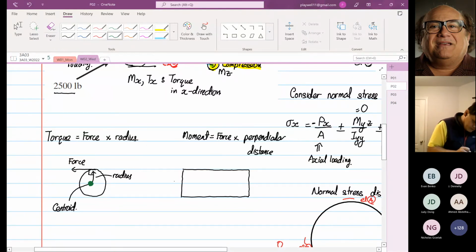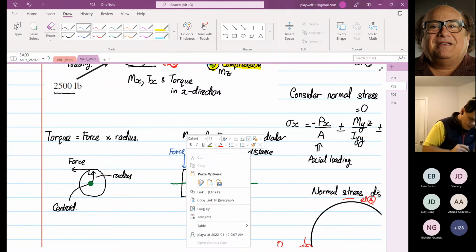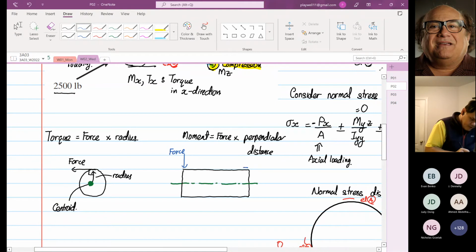Let me do the centroid in green. So now this is the centroid. And then we have the force. That is our force. And if this is our element, this will be the perpendicular distance.